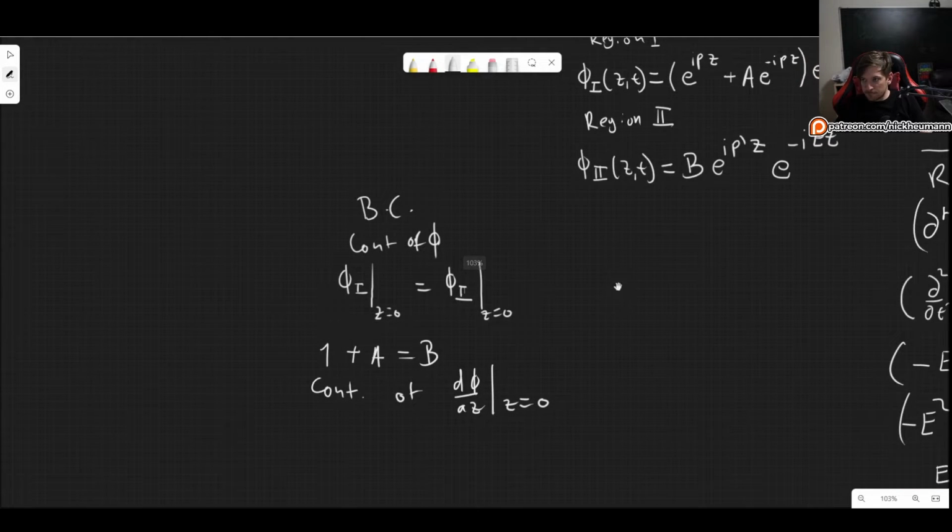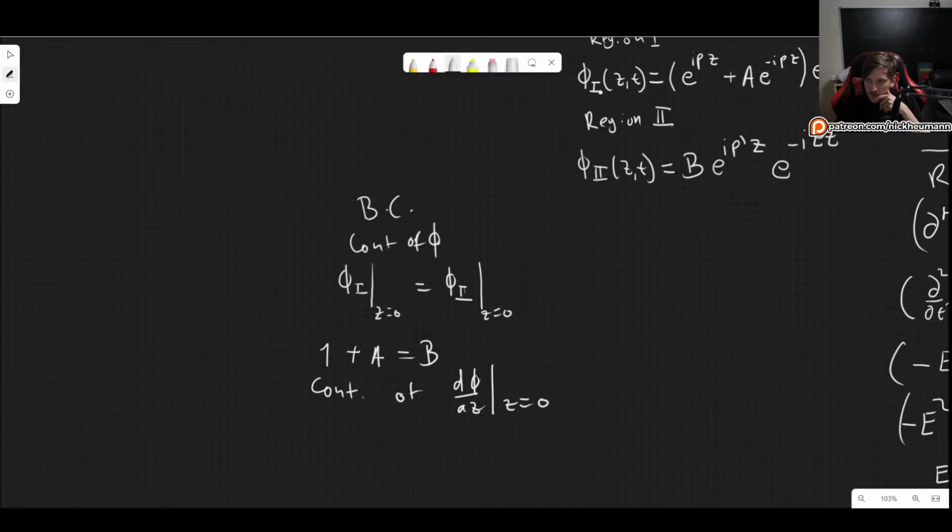So let's calculate the derivative at z equals 0. Note, of course, that the time part cancelled out here. That's very important. Both of them have the same time dependence, so it cancels out from both sides of the equation. That's why it didn't show up here. And then we take the derivative with respect to z.